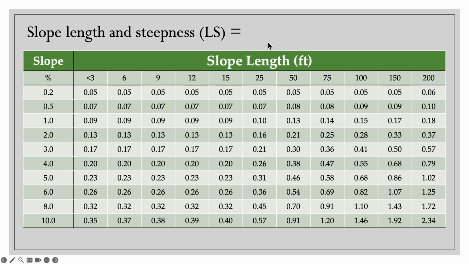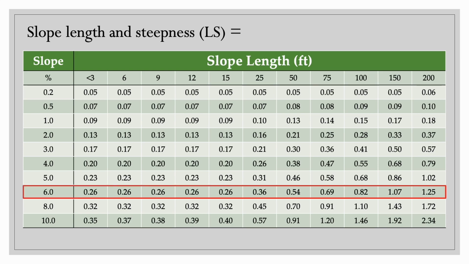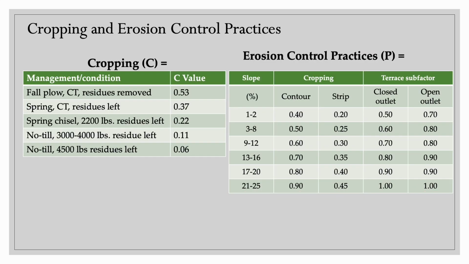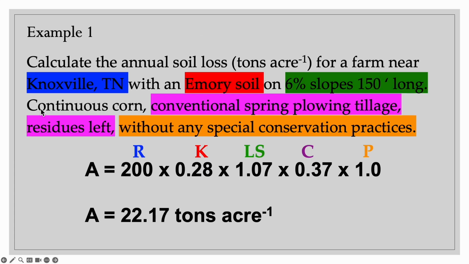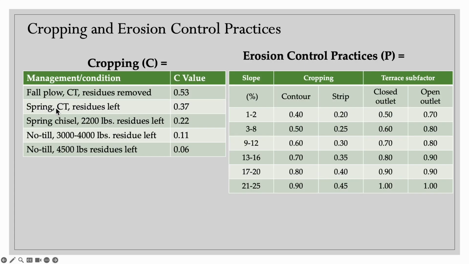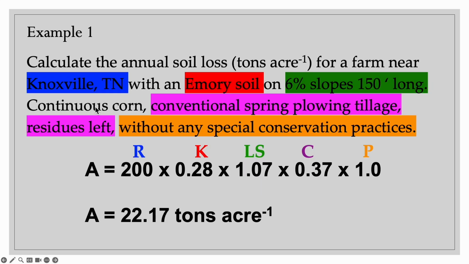Our slope percent was 6% with a length of 150 feet. So our LS value is 1.07. We had spring conventional tillage with residues left, and no special conservation practices.